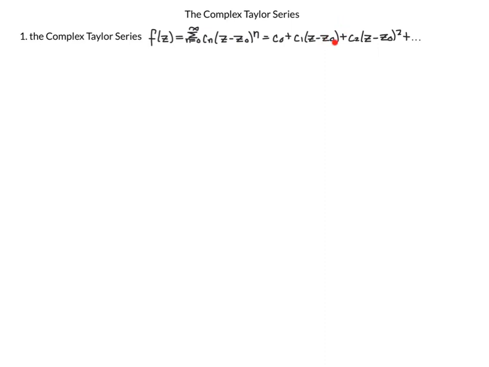And the z naught here, this is where our Taylor series is centered, and so it's where our approximation is best. As we move away from z naught, our approximation isn't as good. But here we have an infinite series, and if our Taylor series converges, then we will have not just an approximation, but an exact approximation.